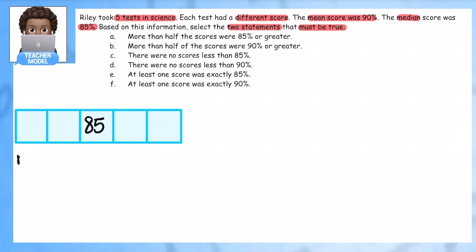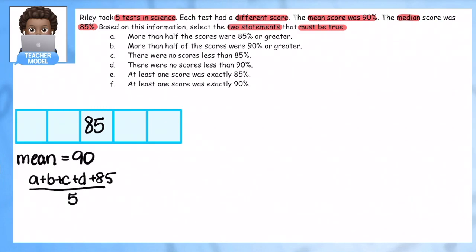And we know that the mean was 90, meaning whatever the others were, A plus B plus C plus D plus 85, when she divided by 5, she got 90. So what number divided by 5 gives us 90? 450.